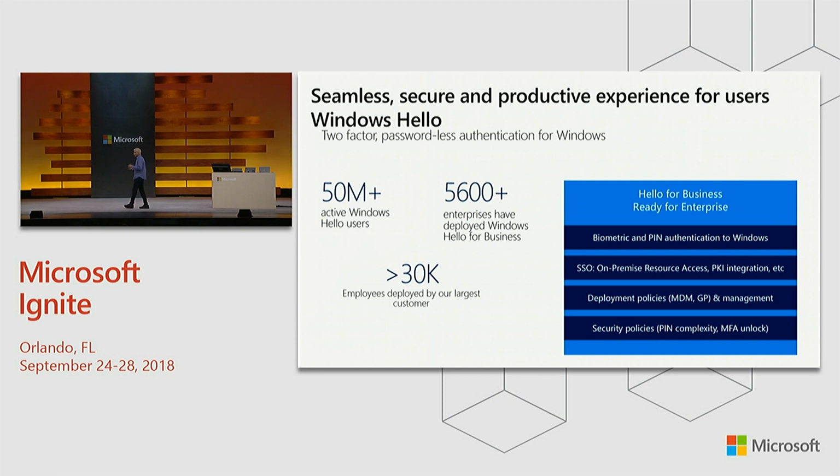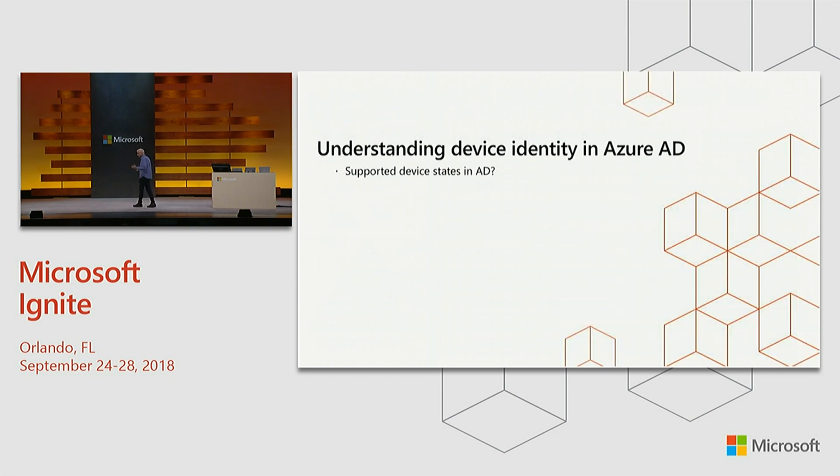It's been out there for a while now, and we strongly encourage you to start using Windows Hello for Business. We'll cover some of our other options that we are enabling for passwordless in later slides. So that was some of the value prop.